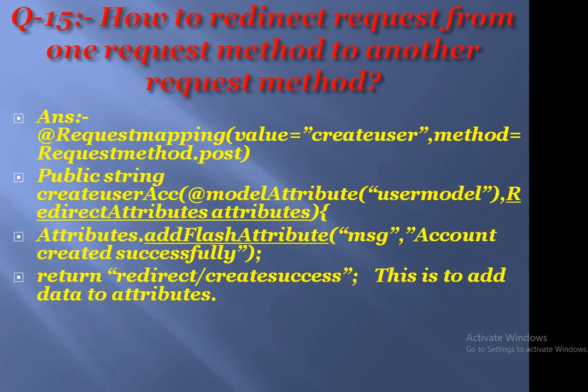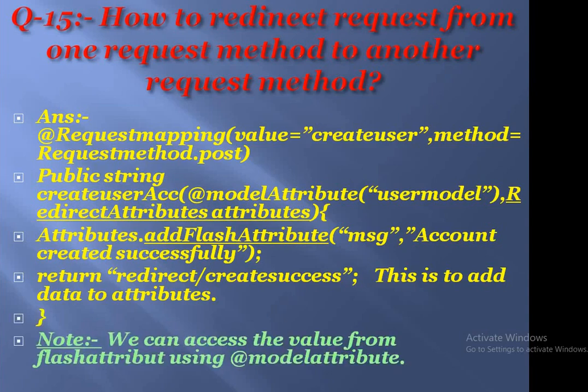This account created successfully string has been added to the message, and we return redirect:createSuccess. This is to add data to the attributes. We can access the value from the flash attribute using model attributes. So with the help of model attributes we can also retrieve this data. In this way we can redirect a request from one method to another method.